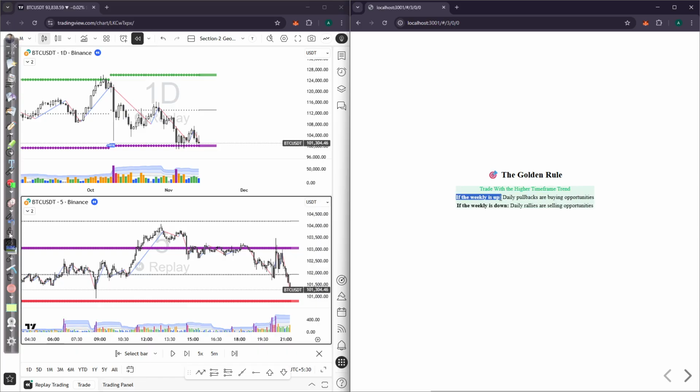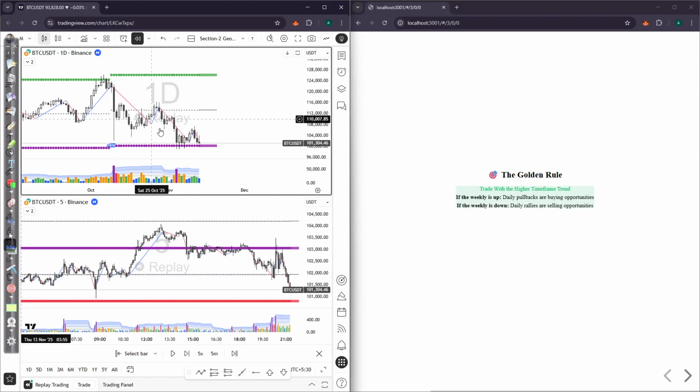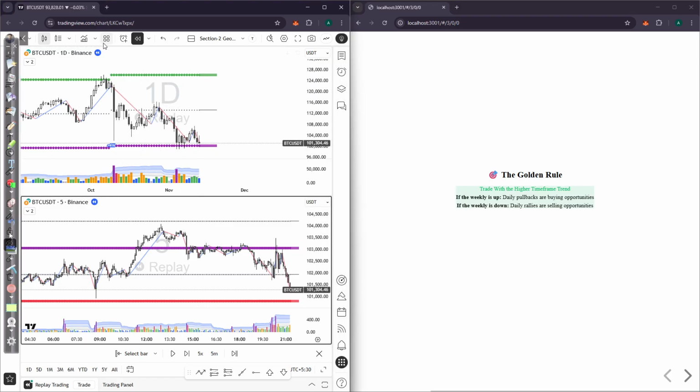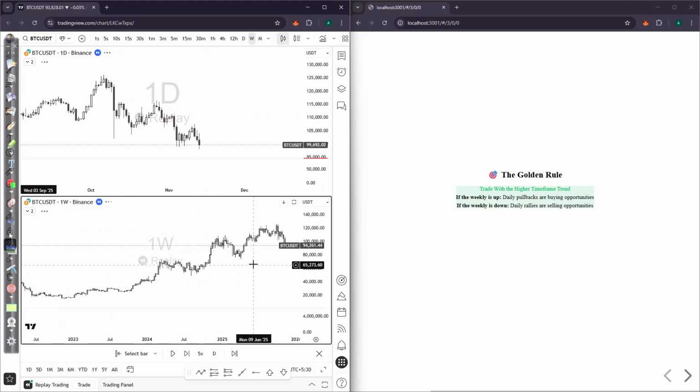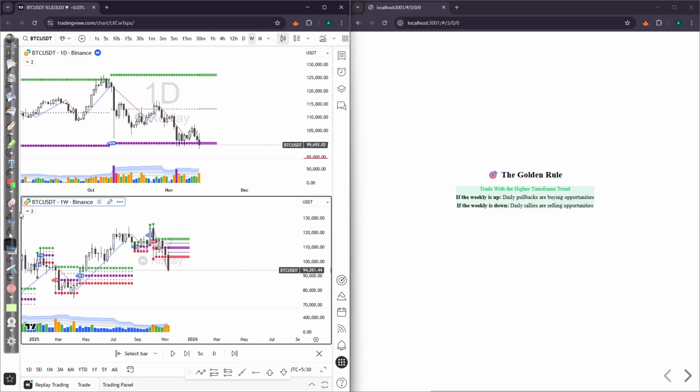If the weekly is up or daily is up, if the weekly is up here, the daily pullbacks are buying opportunities. Okay. And if the weekly is down, the daily rallies are selling opportunities. So for instance, here, if you apply the weekly time frame, you can see, I'll just disable that for now.